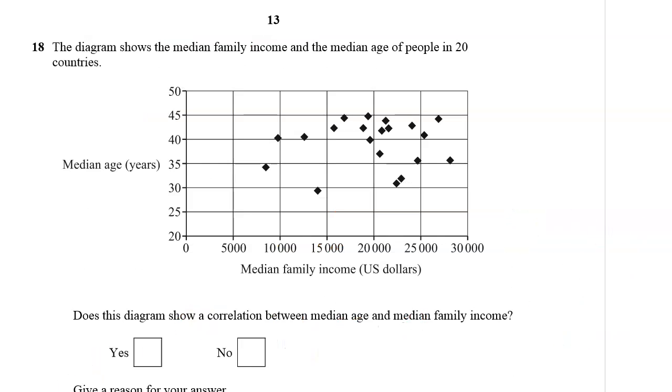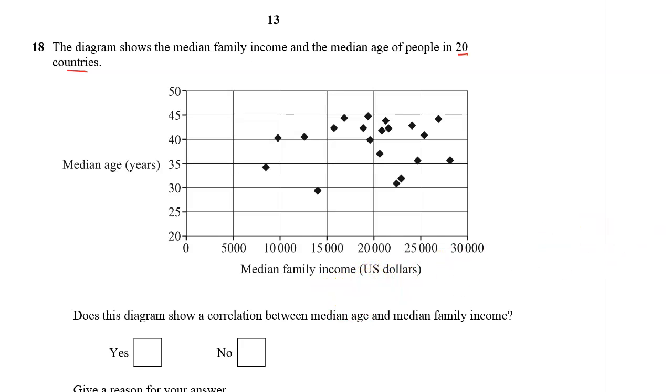Question 18. The diagram shows the median family income and the median age of people in 20 countries. The median age is on the y-axis, and we've got the median family income in US dollars on the x-axis.